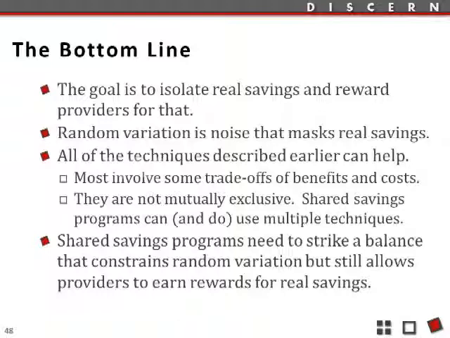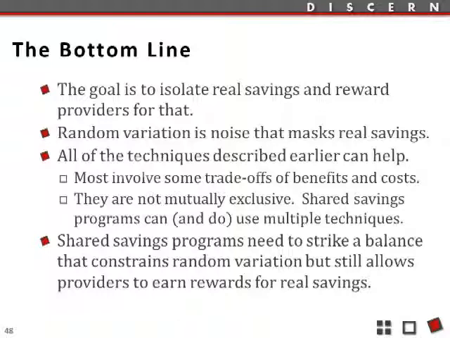All of the techniques that I've described in the webinar thus far can help to address those goals. They all involve some trade-off of benefits and costs, both in terms of the implementation costs, but also the potential costs of excluding real savings.